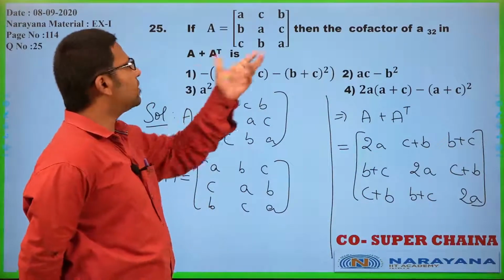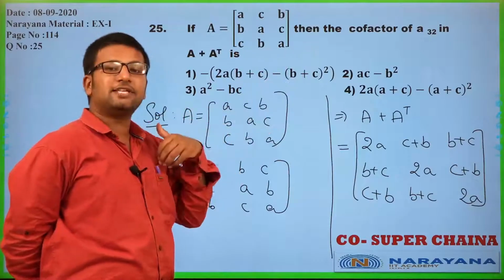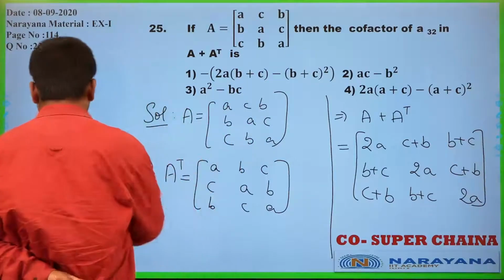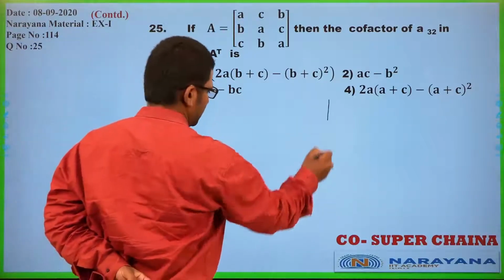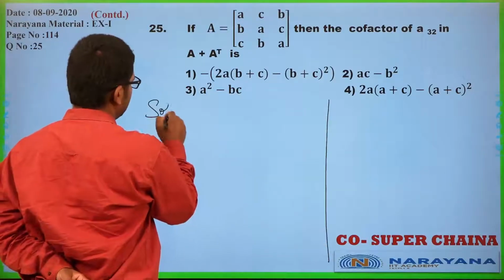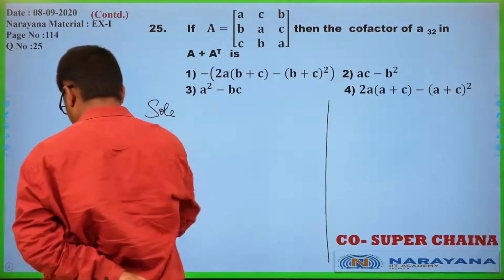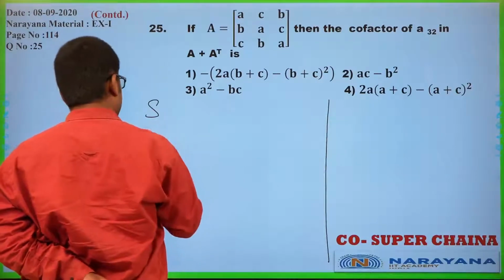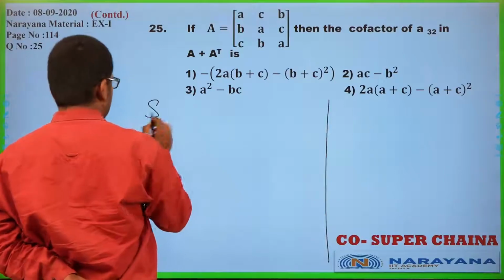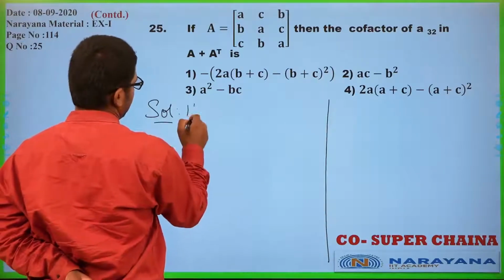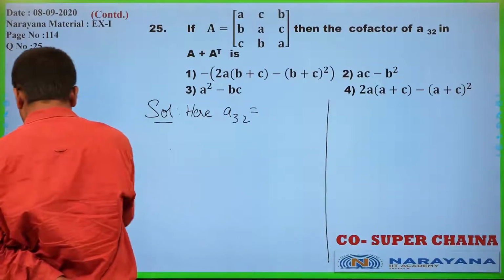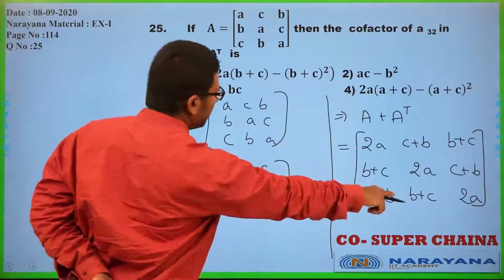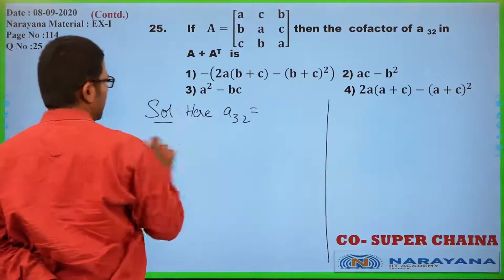We need to look at the cofactor of A32, right? So let us first find the minor of A32. So here, A32 is which element? A32 is B plus C, right?